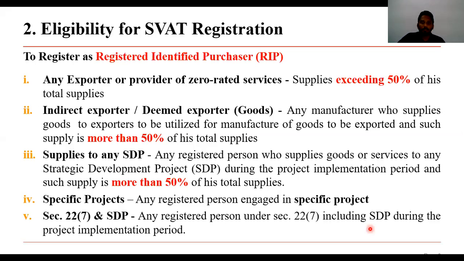Here the project implementation period is basically, let's assume, the 22.7 registration came because there are businesses that, before starting normal commercial operation, have to build. Let's assume a hotel they are going to build in Colombo. Then in the construction stage, they will not make any taxable supply.